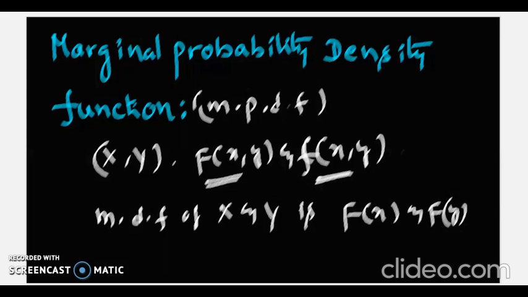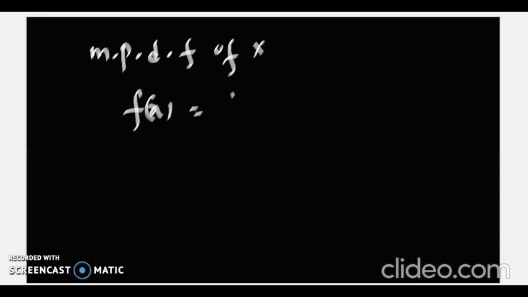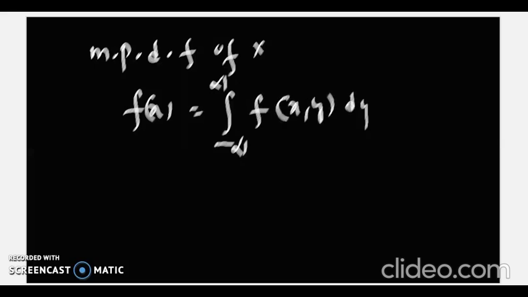Now we have the marginal probability density function of x. The marginal probability density function of x is given by small f of x equal to the integral from minus infinity to infinity of f of x comma y dy, which can also be written as d by dx of capital F of x.